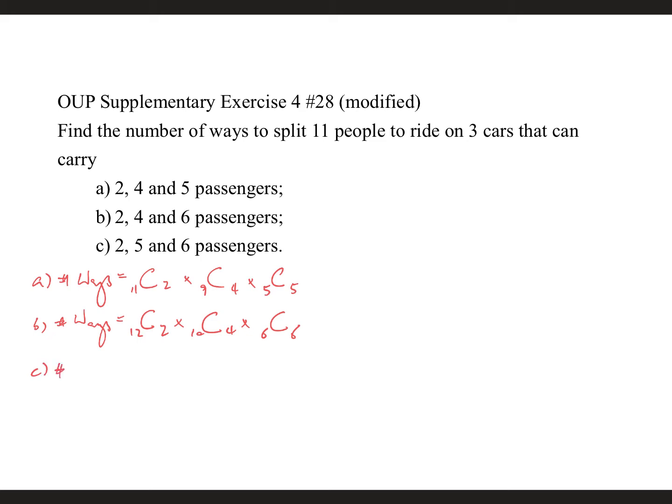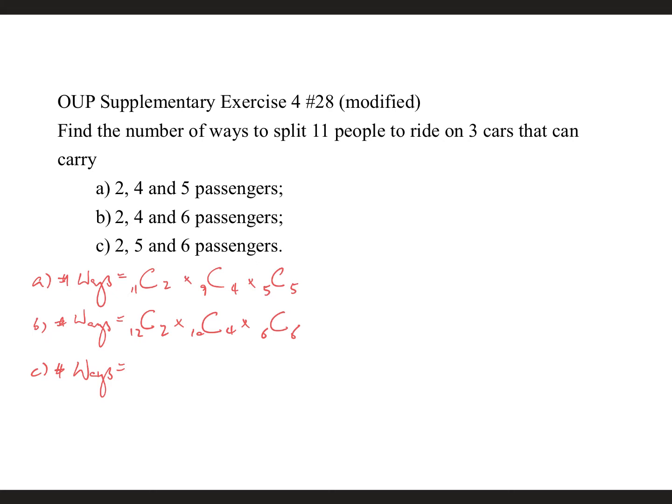Now, however, part C is much more difficult. Notice that this time we have 2 empty seats. Now notice the 2 empty seats. Can the 2 empty seats be given to the first car? No. For the first car, we must have at least 1 person to drive it, isn't it?